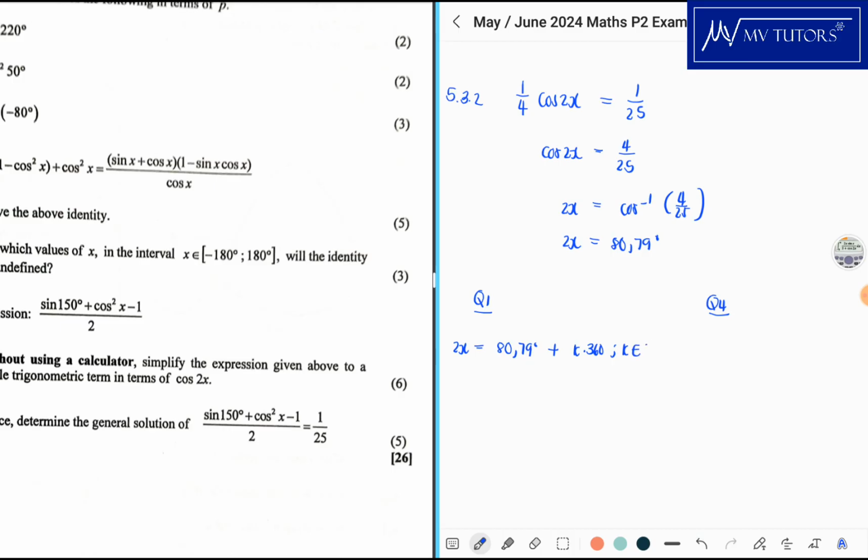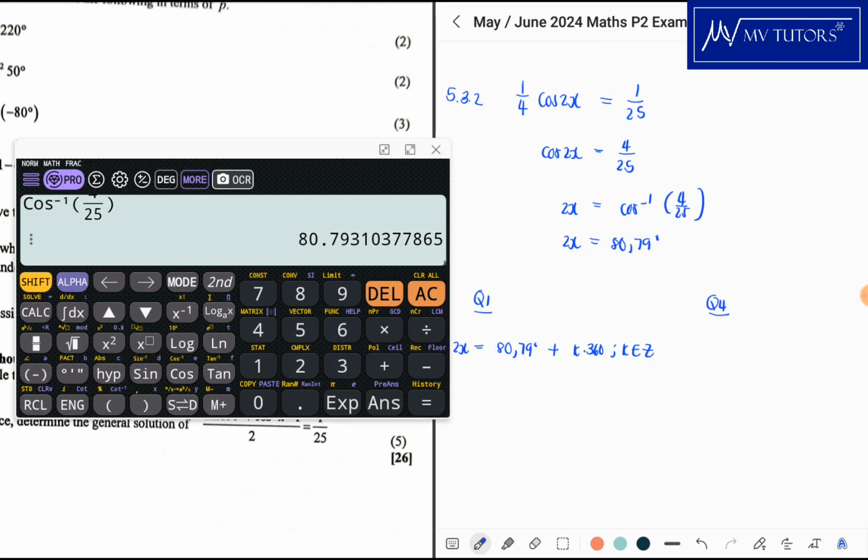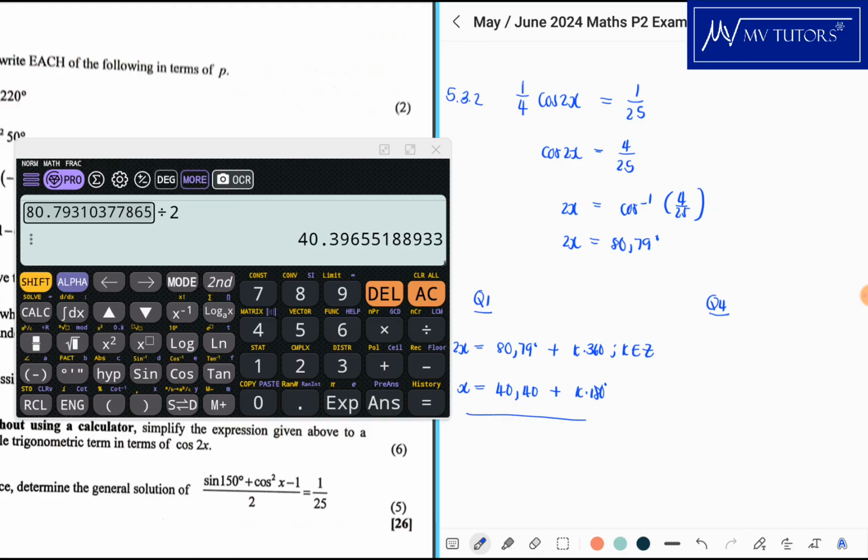So k is an element of integers. Okay, now I can divide by 2. So if I say that value divided by 2, I have that x is actually equal to 40.40 plus k times 180 degrees. Okay, so that's my solution over there.